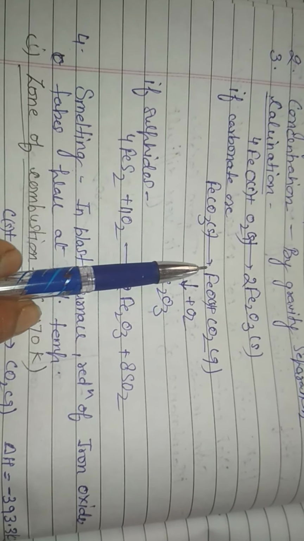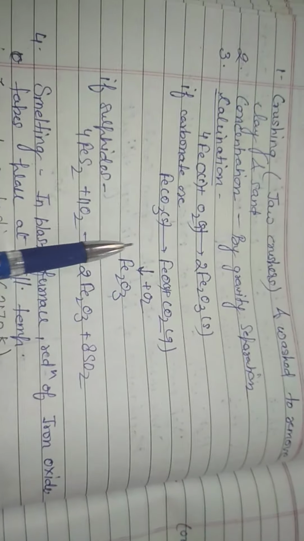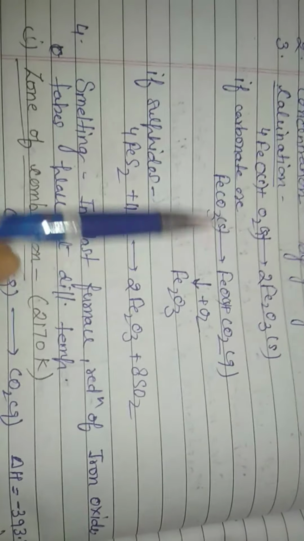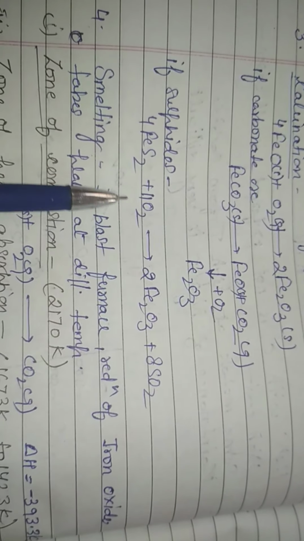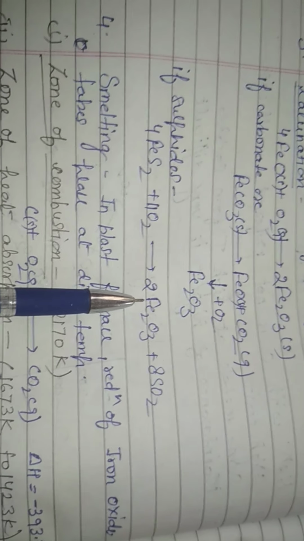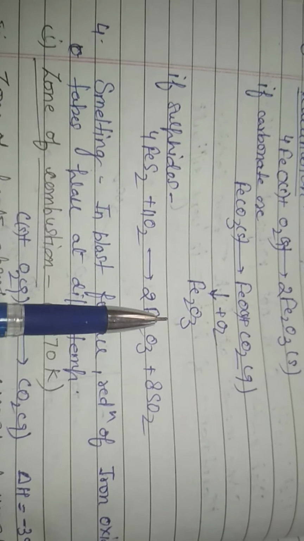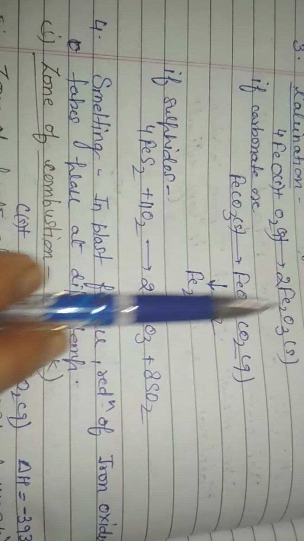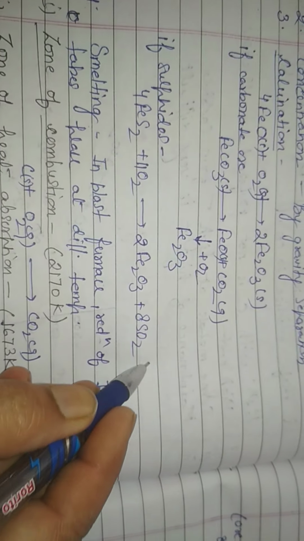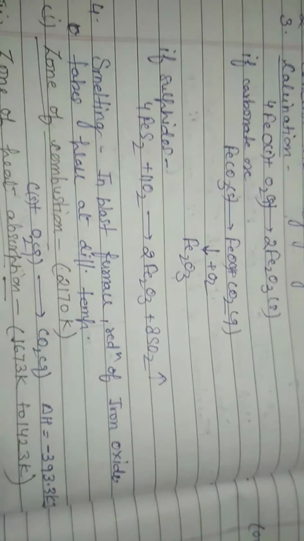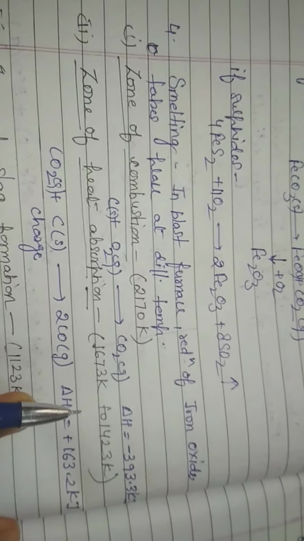That iron oxide is also oxidized to Fe2O3. And if we are taking the sulfide ore, iron pyrite, then also it is oxidized to form the hematite ore, from which we extract the iron metal, and SO2 is removed in the form of gas.